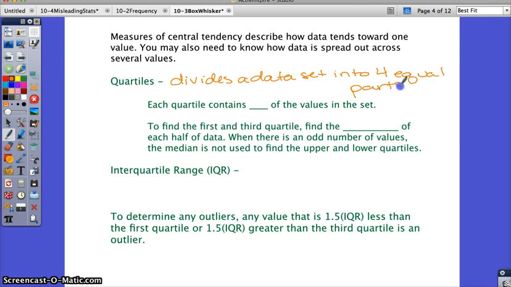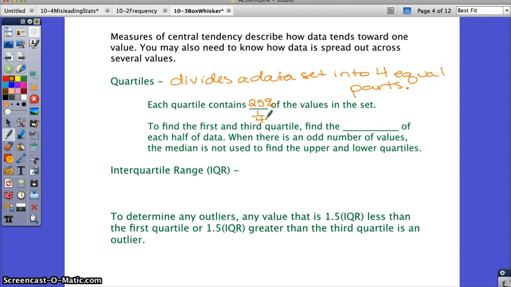And what I mean by equal parts is that there's going to be the same number of data values in each part of this. That's why it's a quartile. Think of quarter, quart, that's going to be like 4. So each quartile contains 25% of the values in the set, or 1/4 of the values.